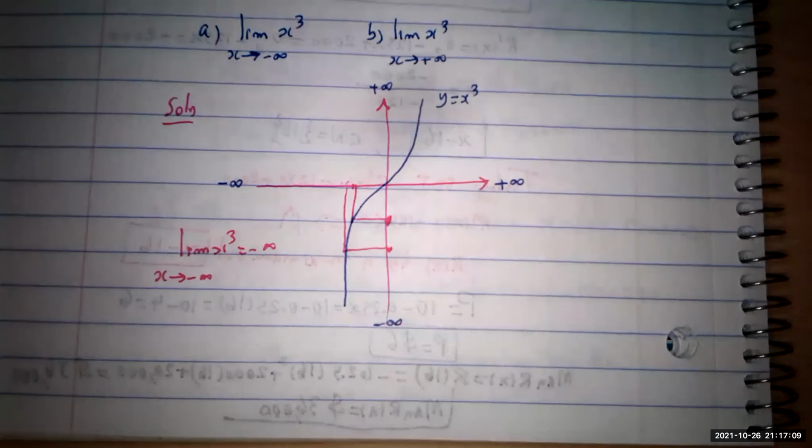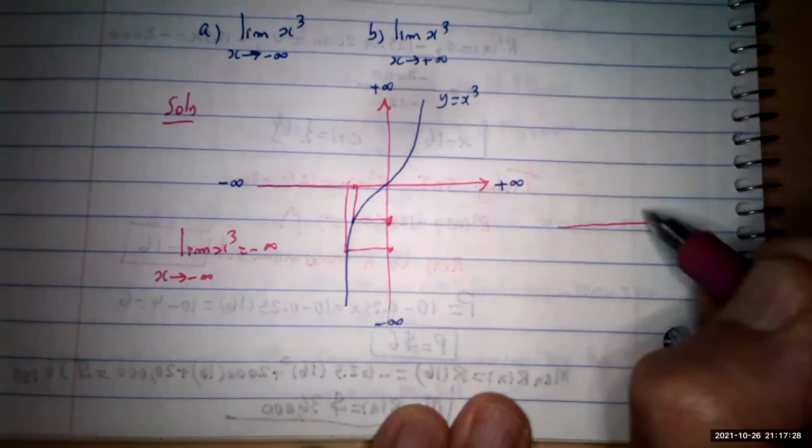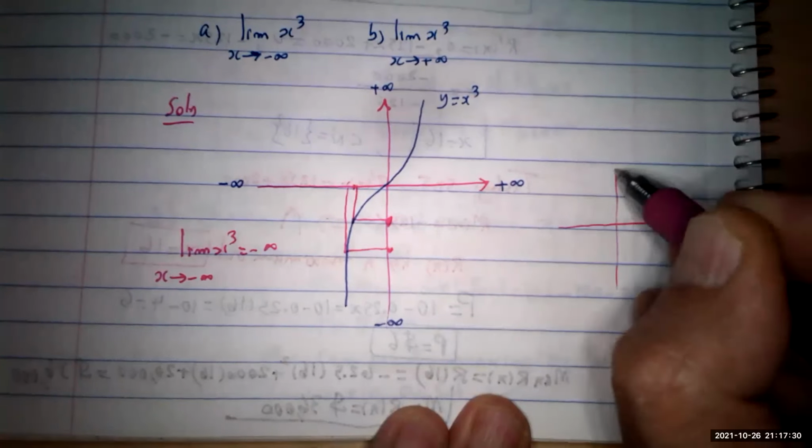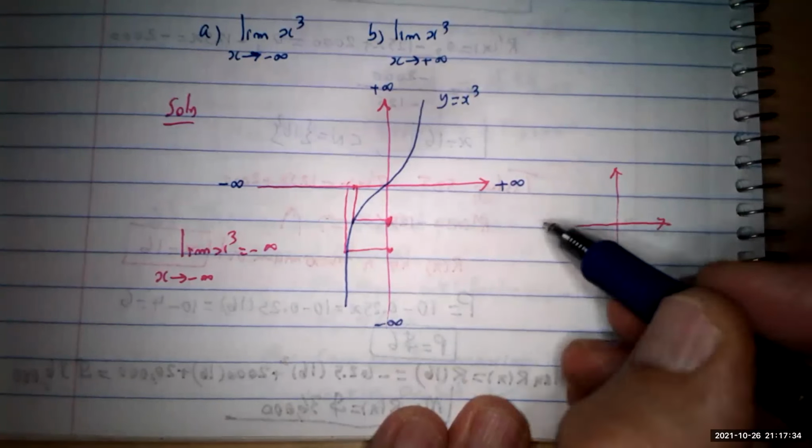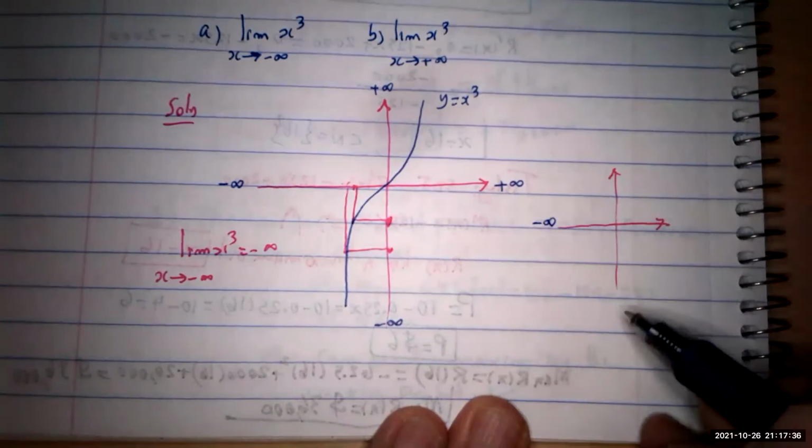So this means that when we want to graph it, we know that we are going to start from here. This is negative infinity and negative infinity.